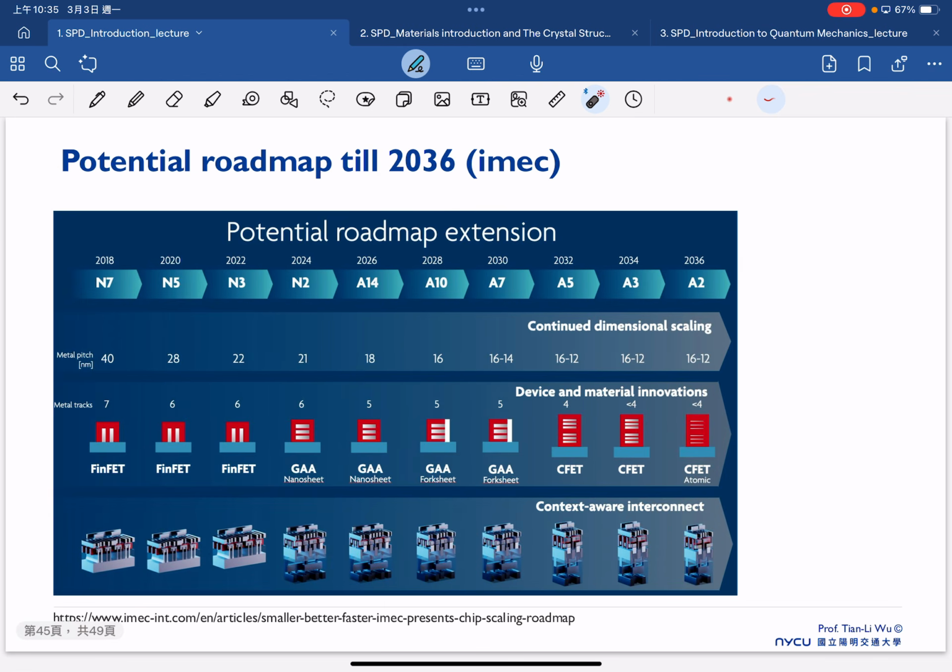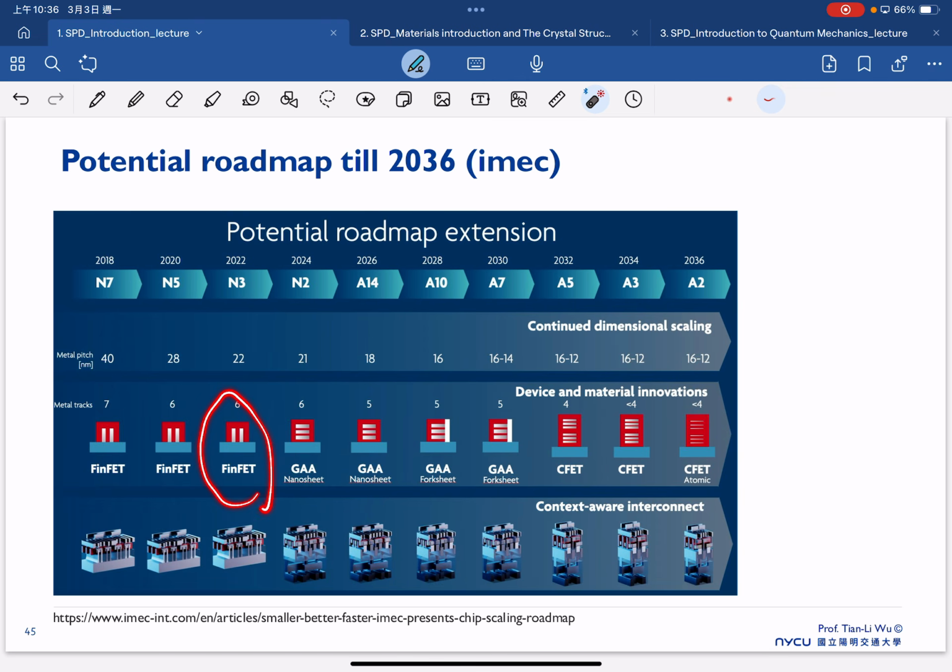And also, if you look at the potential roadmap until 2036, this is a roadmap provided by IMEC. It already mentions what comes beyond the FinFET. Of course, we have all the very fancy technologies like 2D and quantum computing, but those probably take more than 10 or 20 years to fully realize. So we need technology that enables our current platform.